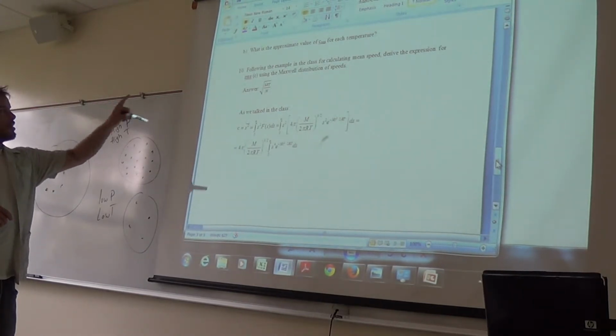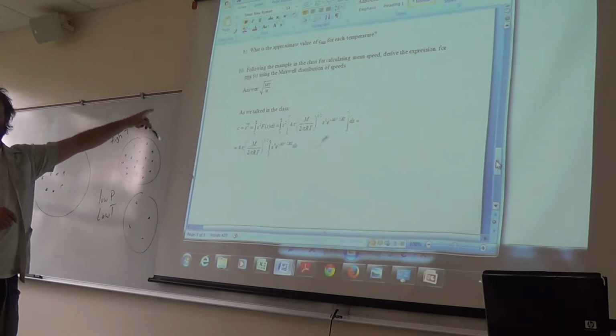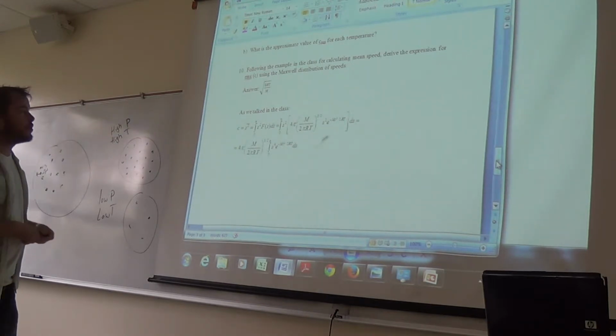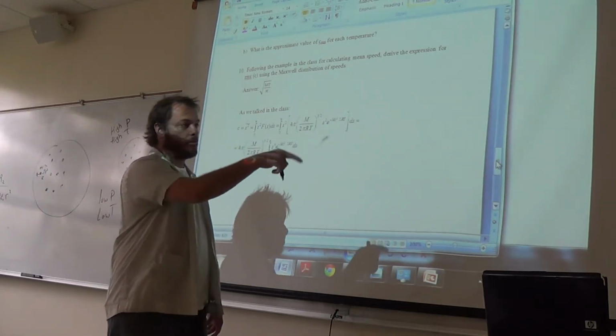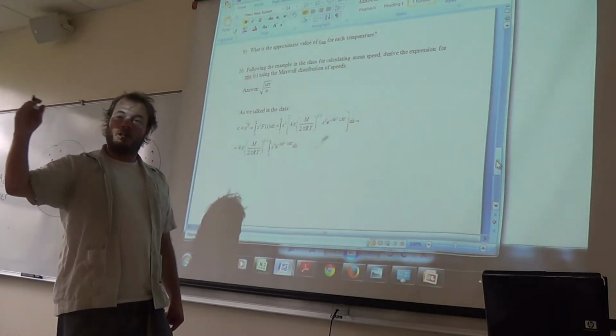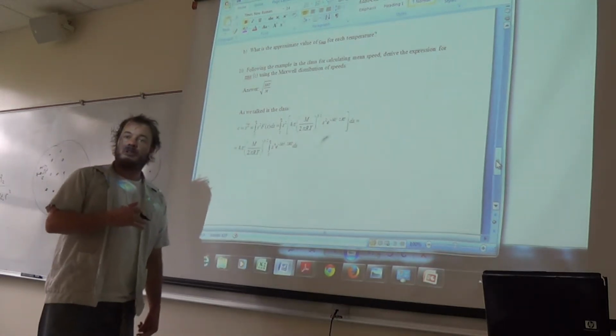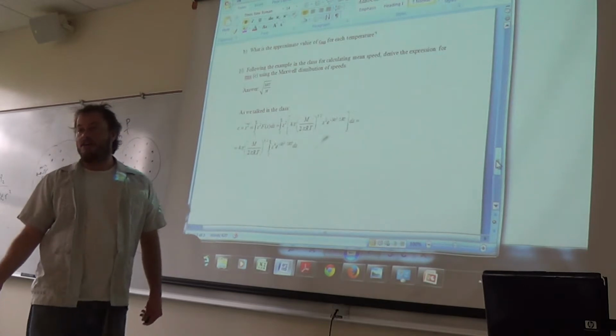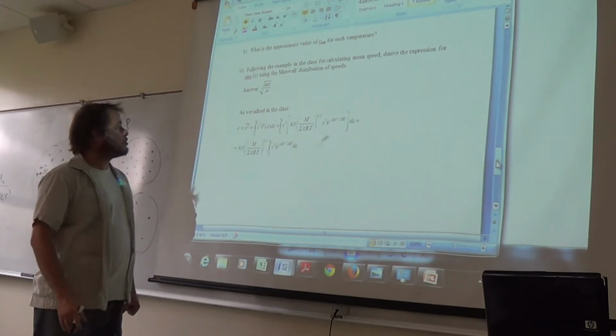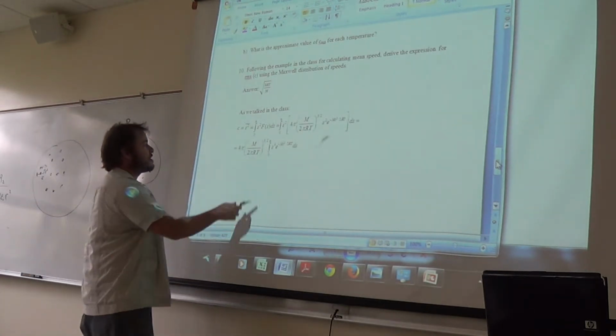They're asking you for the root mean square speed, and so we multiply the probability times v squared, integrate over all possible values, and then take the square root of that to get our root mean square speed. So it kind of looks like this.